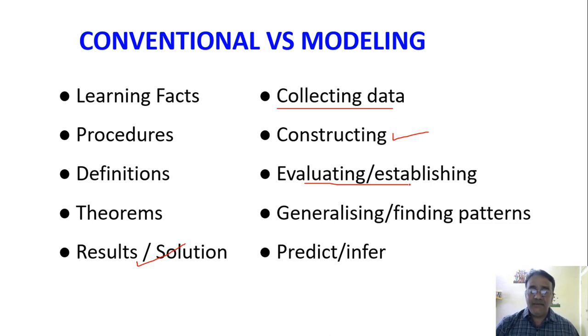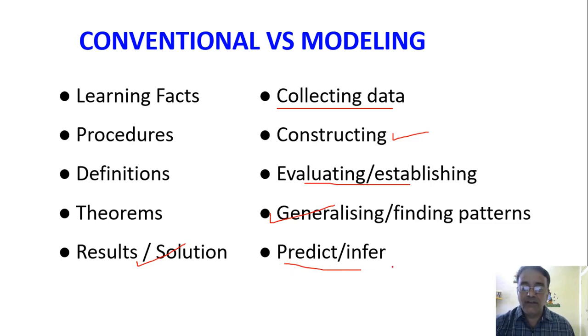Collecting data is the same as observation. We can observe some phenomena, and we can also quantify those observations and collect data. Once we evaluate and establish, we generalize, and we also find some patterns like charts and graphical presentations. We also use algebraic equations, and based on that we can predict what the future result will be.